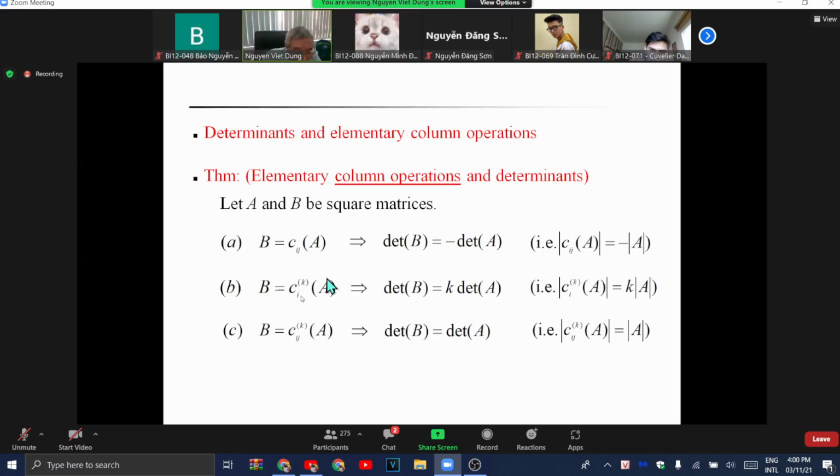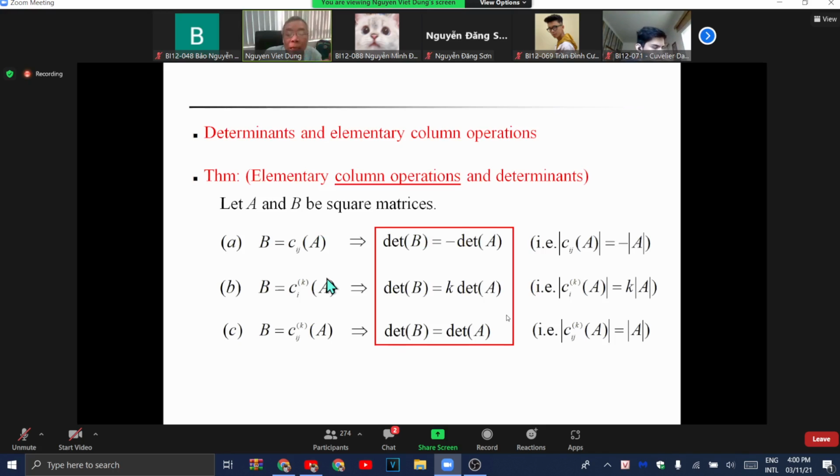Similarly, if B is obtained from A by applying Cik, meaning we multiply the whole i's column of A by the number k, then the determinant of B will be k times the determinant of A. The last one: if B is obtained from A by applying Cij to the power k, then the determinant of B equals the determinant of A. We summarize it in the bracket here, and now I put that in the red box again.